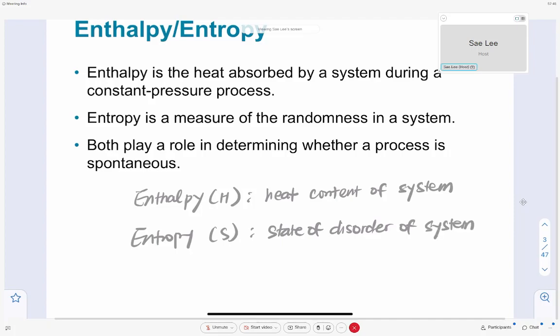They are different. Both enthalpy and entropy play a significant role in determining whether a process is spontaneous or not. In this chapter, we will learn how enthalpy and entropy are both related to the spontaneity of a process.